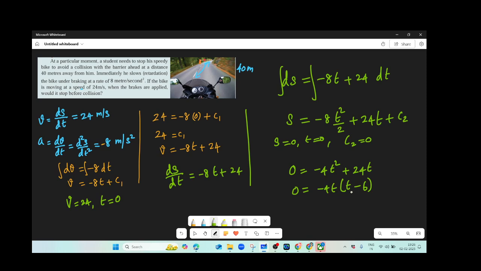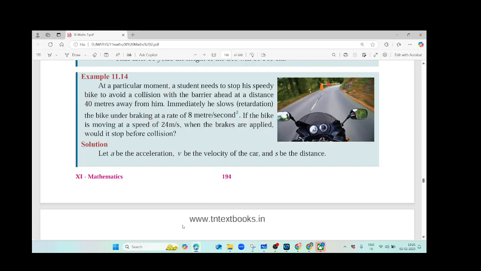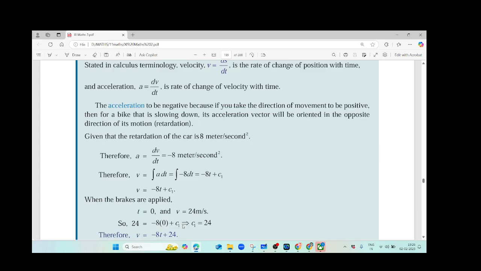If you put t equal to 6 in the displacement formula, s equal to minus 4 t square, so t becomes 6 square, plus 24 into 6. Through that we can get the result. How much distance are we going to travel? Let's see this procedure.